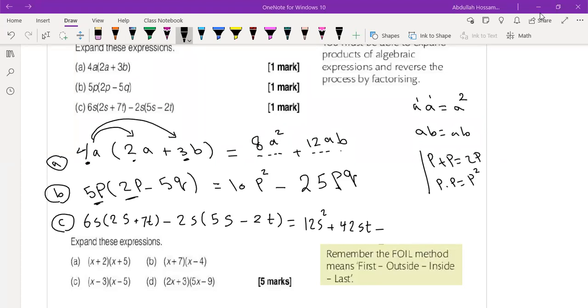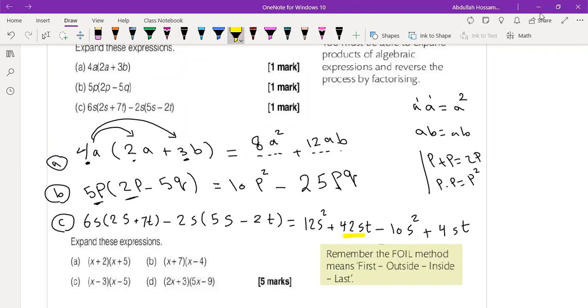Minus 10. 2 times 5 is 10s squared plus 4st. And then you combine and simplify.